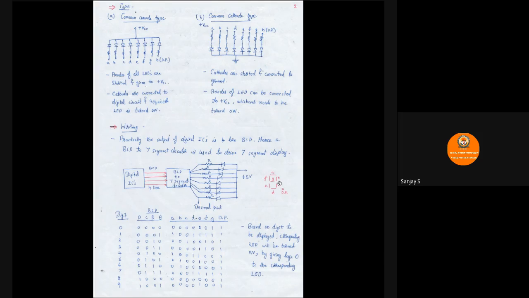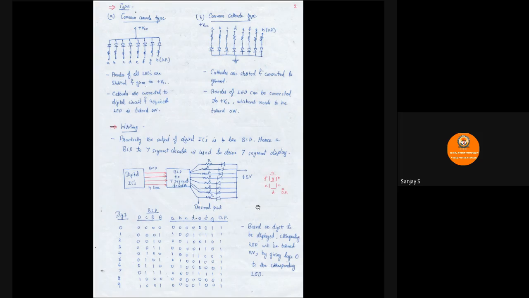We have A, B, C, D, E, F, G, and then the decimal point. So we have LED segments here, which form a number. Depending upon which number has to be turned on, accordingly the corresponding LED will be forward biased.